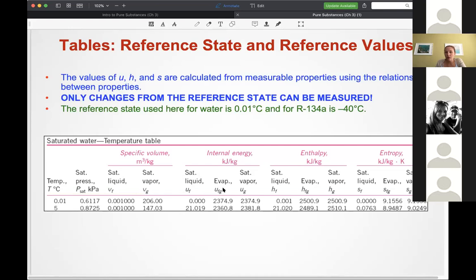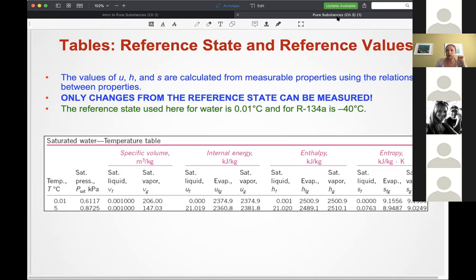So our internal energy for a saturated liquid vapor should be this term minus this term. So 2,374.9 minus 0 is 2,374.9. 2,381.8 minus 21.019 is 2,360.8. So here this value is given. Sometimes, like with specific volume, it is not given.